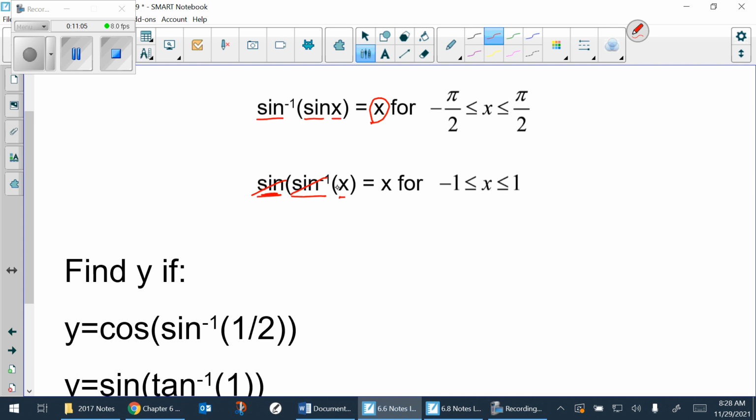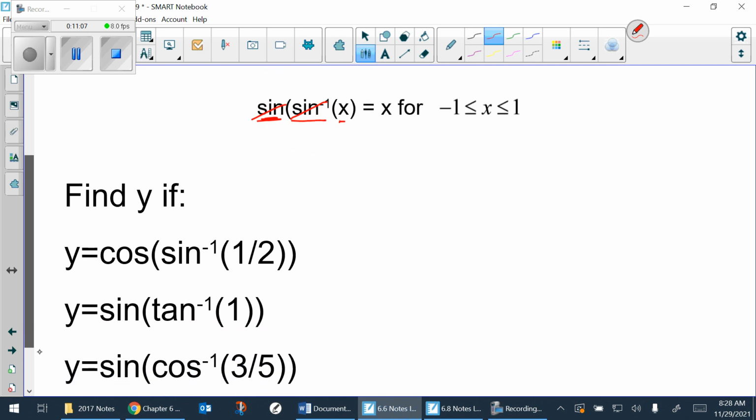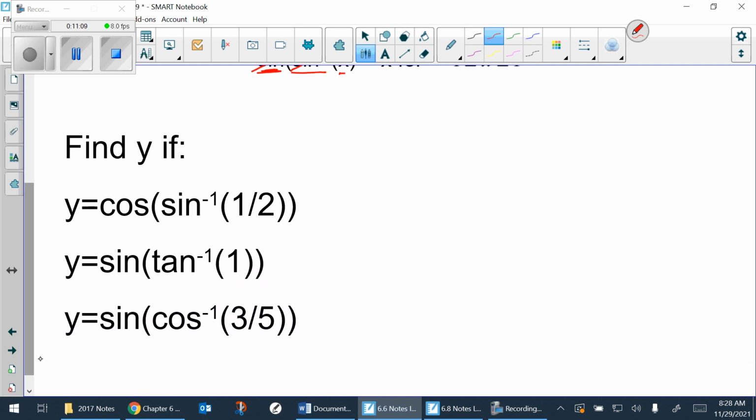All right. Now, find y if y is equal to cosine of the sine inverse of a half. You have already found this. On the previous slide, you have already found this angle measure. So what you're asked for here is y is equal to the cosine.